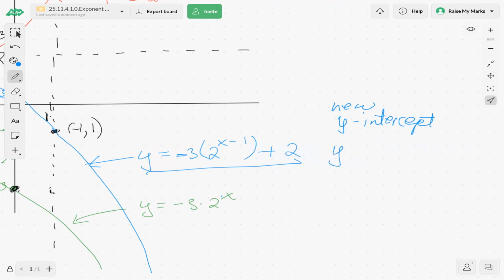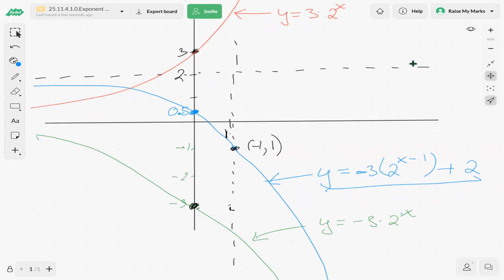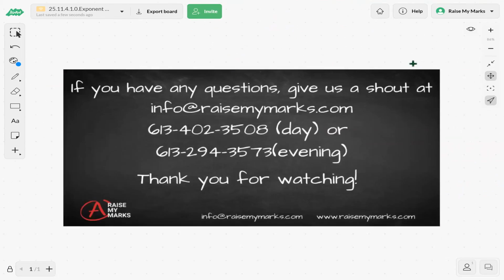So y equals negative 3 times 2 to the power negative 1, plus 2. So we get negative 3 over 2 plus 2, and that's just 1 over 2, or a half. And that's exactly what we have there. So our blue curve is the graph of our function y equals negative 3 times 2 to the power x minus 1 plus 2.